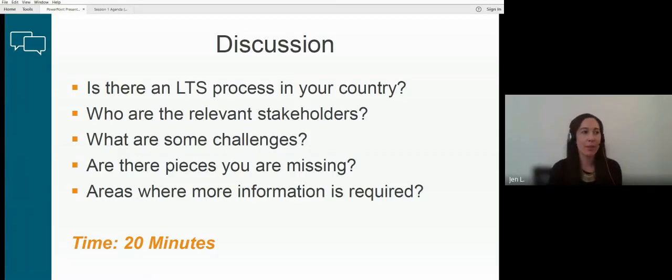And then perhaps I can call on a few countries. So it looks like Colombia, Indonesia, are already going through a process to develop a long-term strategy. Spain is as well. I know Trinidad and Tobago are, we just heard about it.